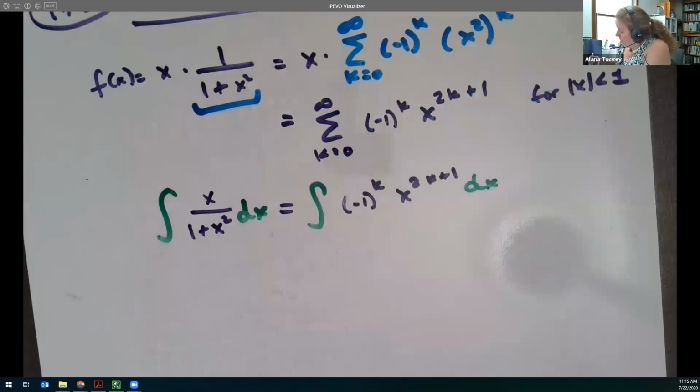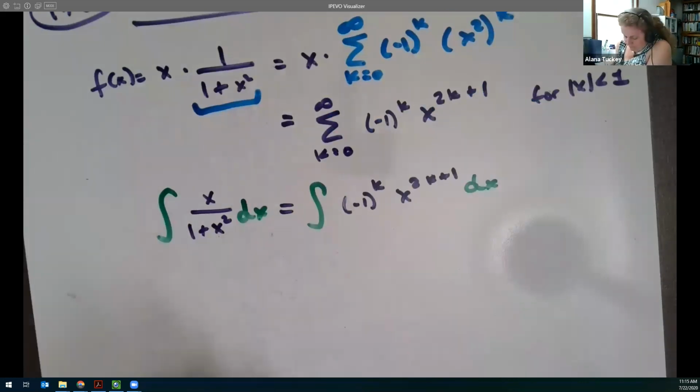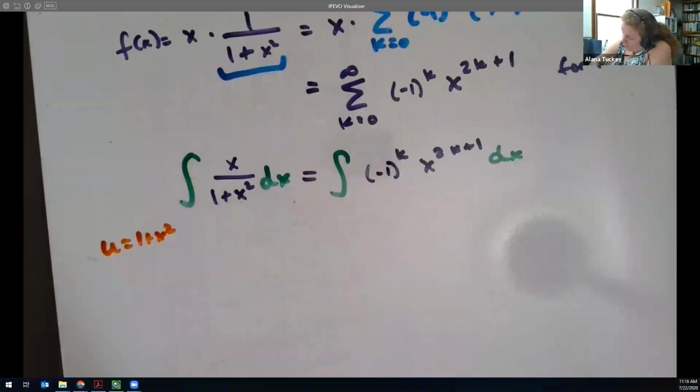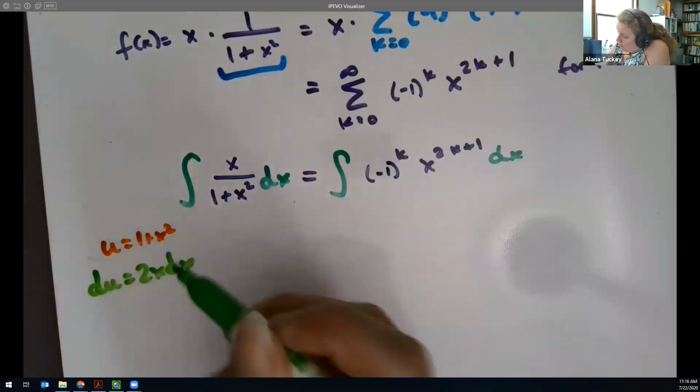Technically, to do the one on the left, we could use u substitution, because u is that denominator, and therefore du is 2x. So I really want 1/2 du.